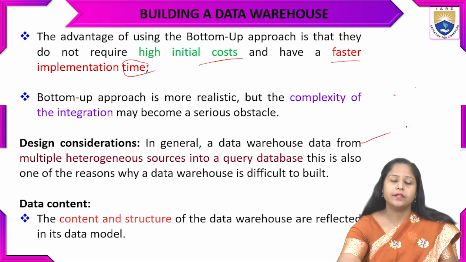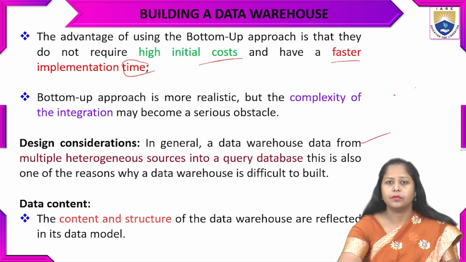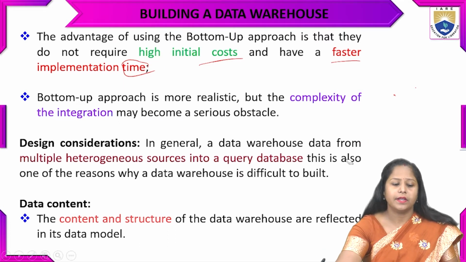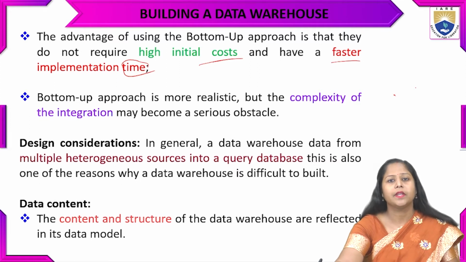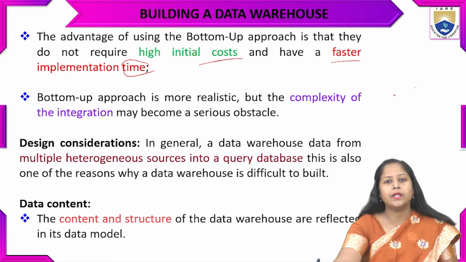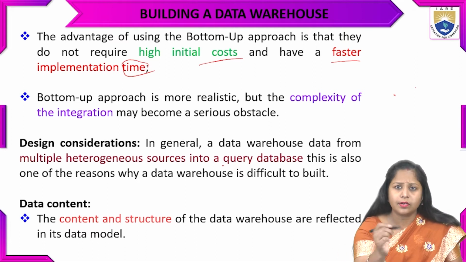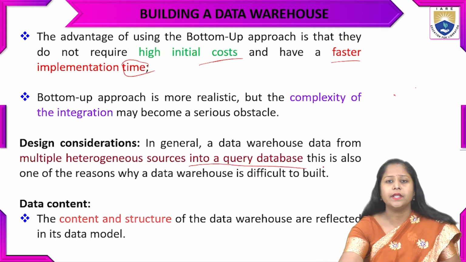What are the different design considerations we will need while we are going to implement a data warehouse? Normally, data warehouse data can come from multiple heterogeneous sources. They have operational data and many other sources of data, so the data can be heterogeneous in nature. That can also be in the query database.